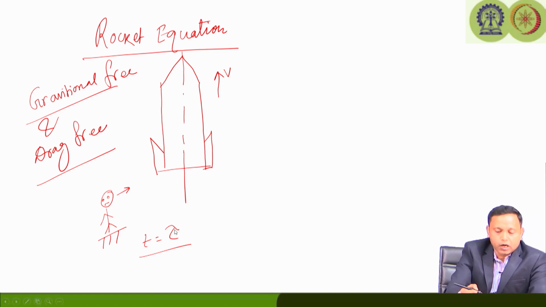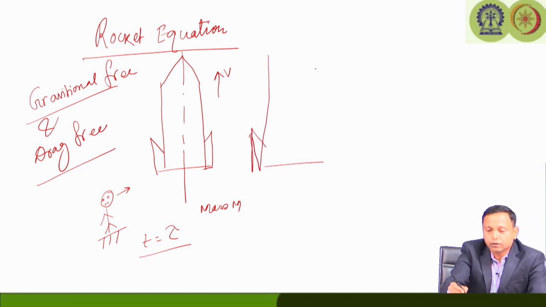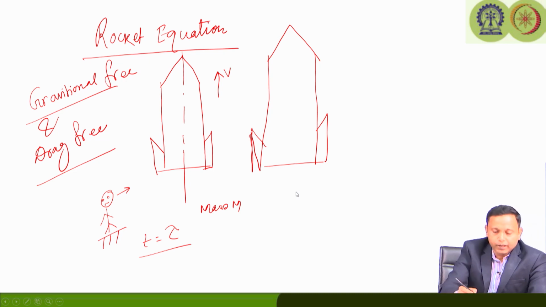At time instance tau, the mass of the rocket is m. Let us take a later time instance where the rocket has changed its mass to another mass, having released a mass of delta m.